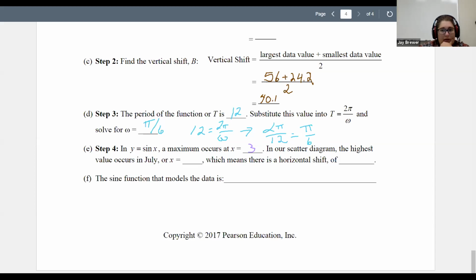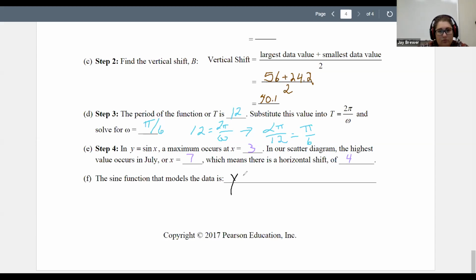Then in our scatter diagram, the highest value occurred in July, or x equals 7, which means there was a horizontal shift of what? And what's that difference there? 4. Mhm.